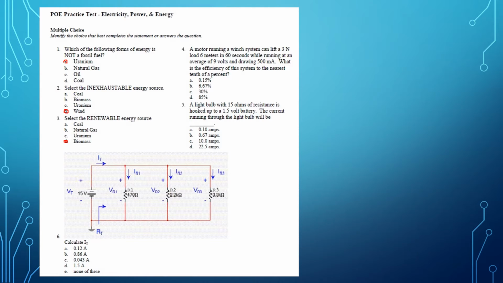Number four, a motor running a winch. In this one, what you have to do is, first of all, figure out your power. Power is going to be expressed in watts.